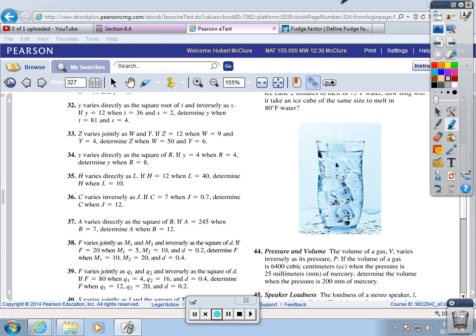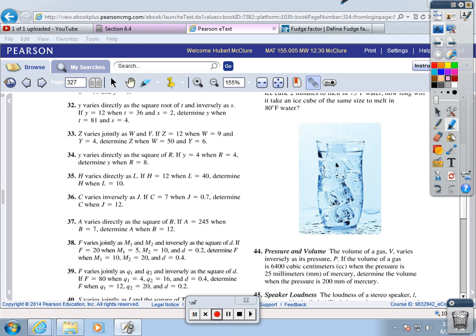Because when you see the way they write it, the square of B, it makes me think of taking the square root. You don't do that. You square it. So highlight that square of B; it looks like you would say the square root. That's not right. You raise it to the second power.